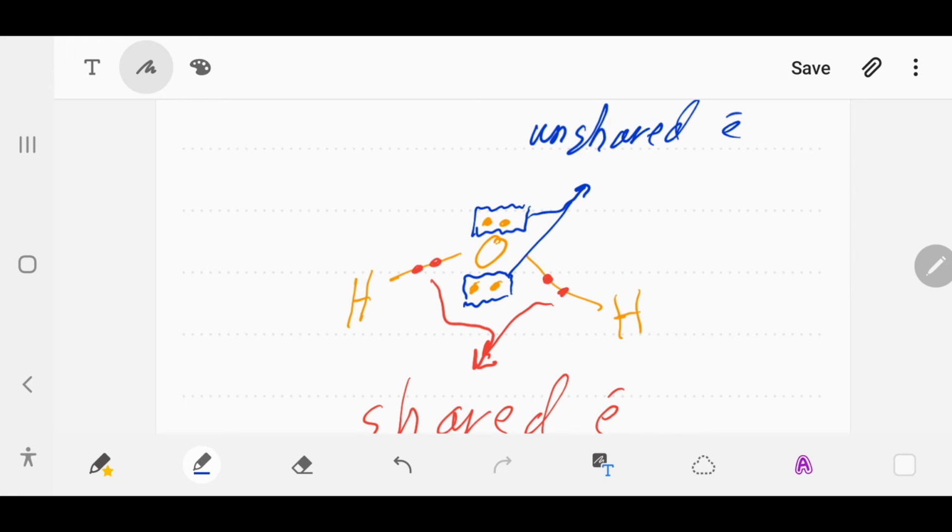We have 2 pairs of unshared electrons. This is the first one, and this is the second one. So we have 2 pairs of unshared electrons.